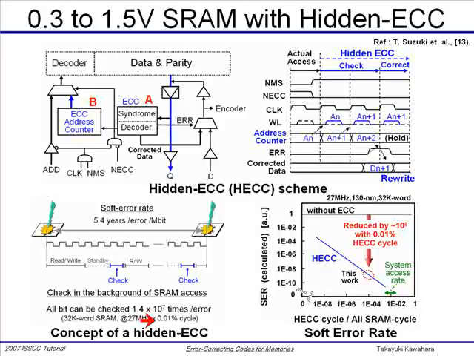So if one accepts the 0.01% overhead, the soft error rate can be reduced by 10 to the power of 8. That is a good example of how to implement the ECC.